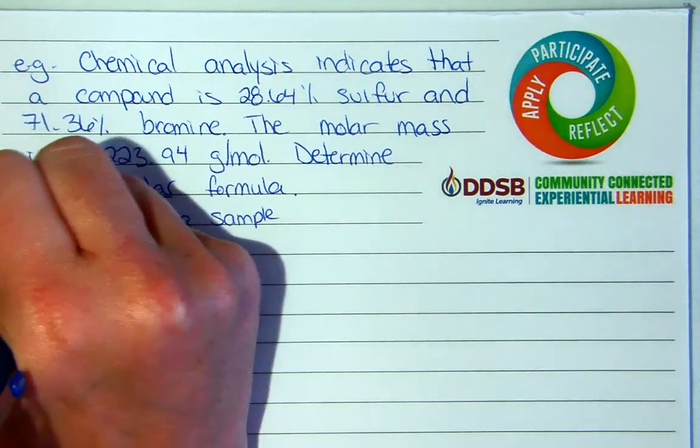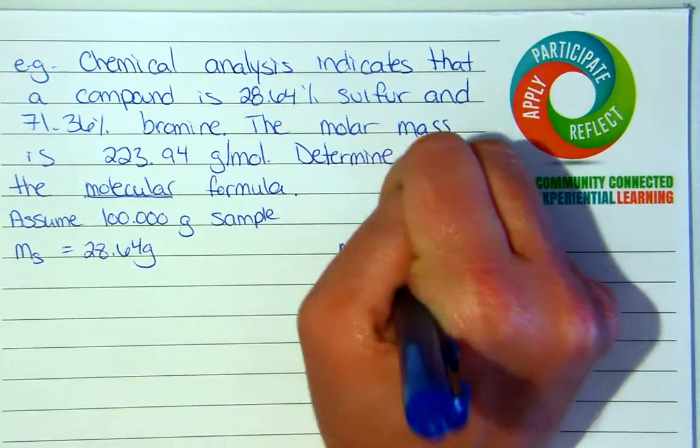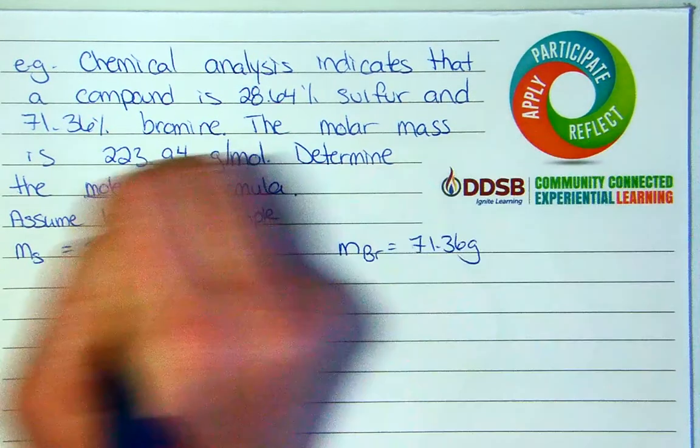So the mass of sulfur will be 28.64 grams, and the mass of bromine will be 71.36 grams.